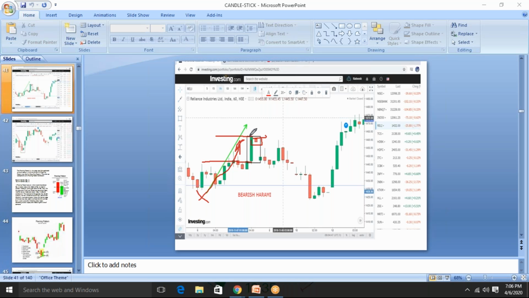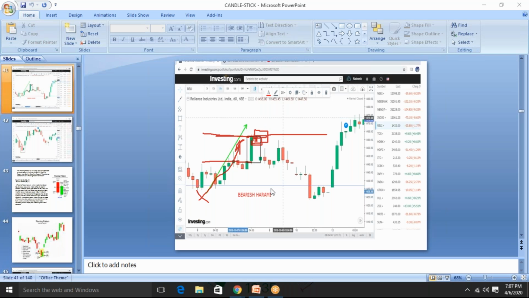The closing of the previous candle was right here, but the opening of this candle is below it. So clearly this is a gap down opening, and the closing of this candle should be within the previous candle, meaning it should close within this range. The body of this candle should be small.